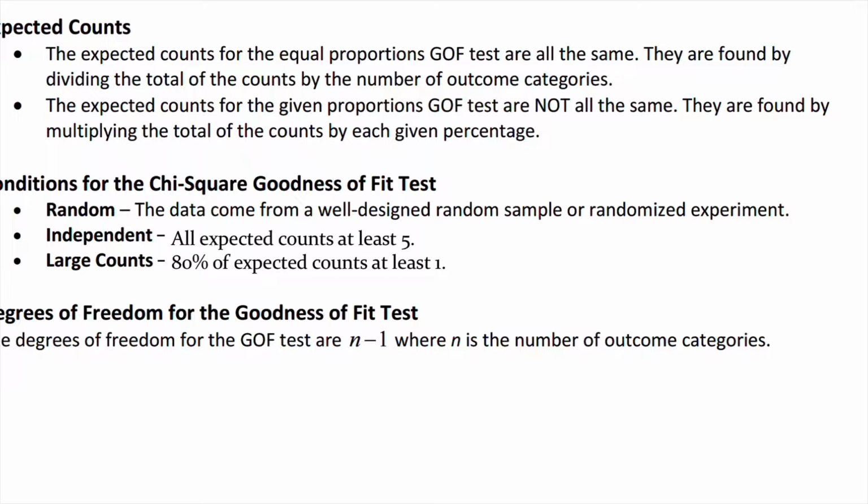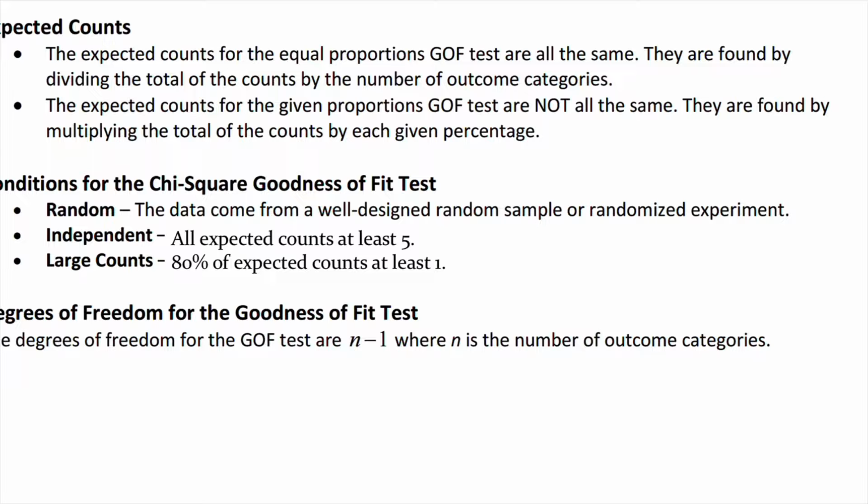The expected counts are all the same, because they're expected to be the same. Or they're not the same, but they are found by multiplying the total of the counts by each given percentage. It's not that hard to find. Well, and we're going to do it on the first problem.